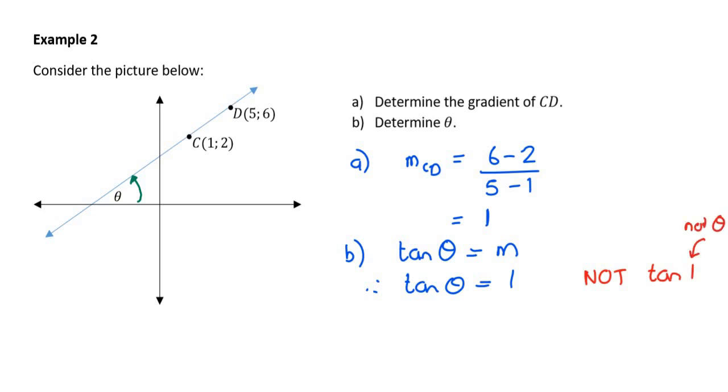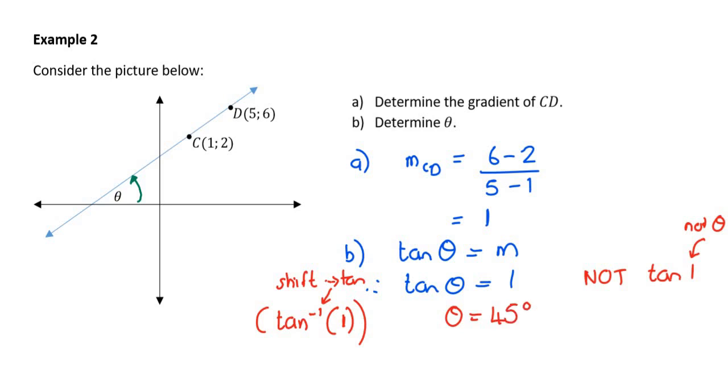The angle's not 1, the answer's 1. So how do we do this? Well, I don't write this down in an exam, but you might remember that we do use shift tan. So we use shift and then tan on our calculator, and it says tan negative 1, which is basically how do I go back from the answer and give me theta. So then my calculator will say, great, theta equals 45 degrees.